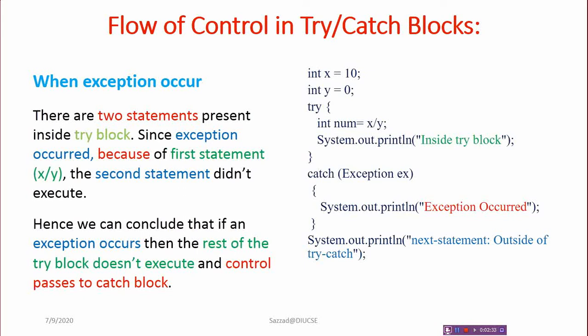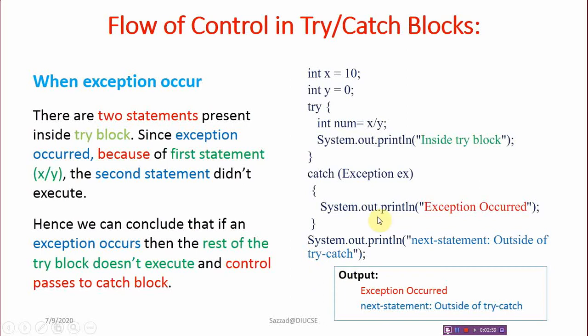So it will be an exception, and it is actually an arithmetic exception. Then if we run this code, there is a catch block, and inside the catch block we are catching the exception and saying that an exception occurred, and then after the catch block there is a next statement outside the catch block. So what will be the output?